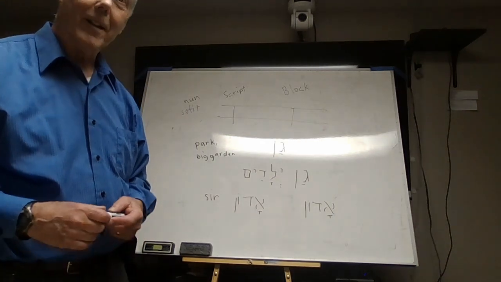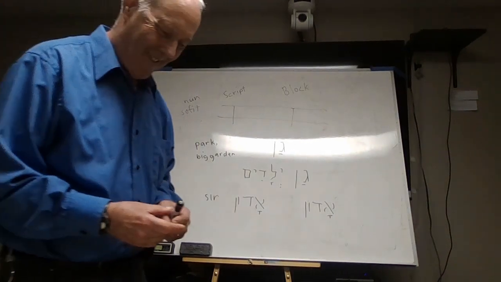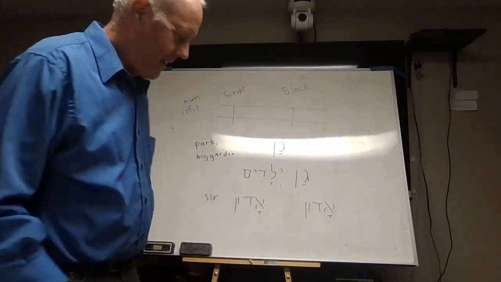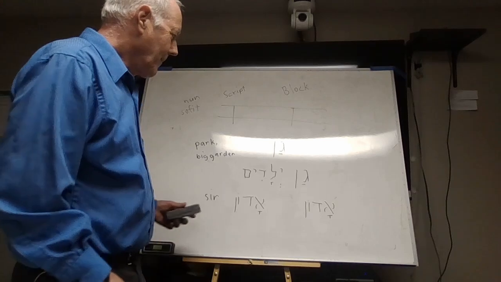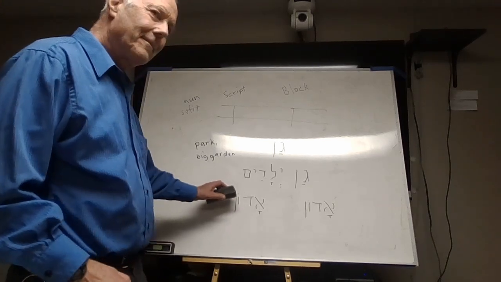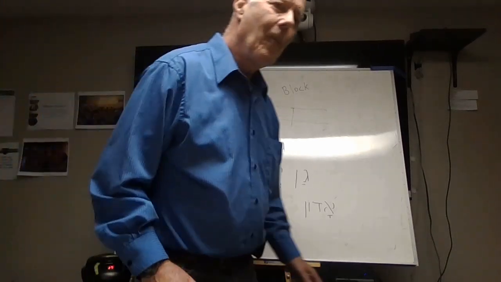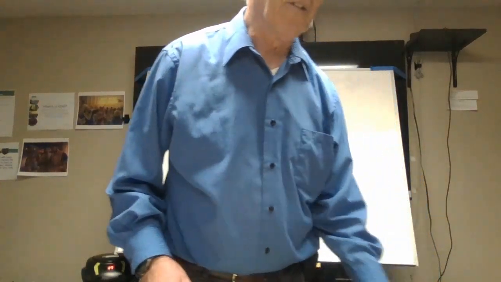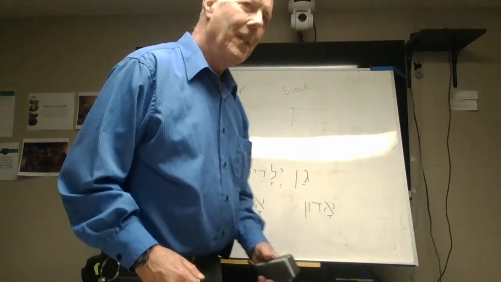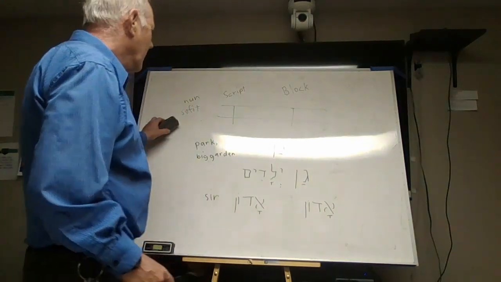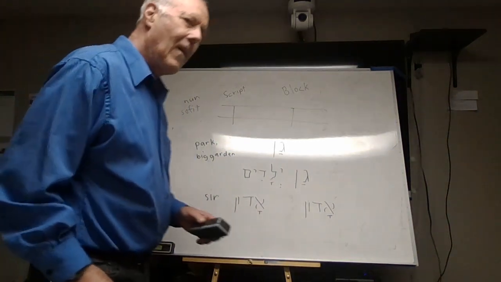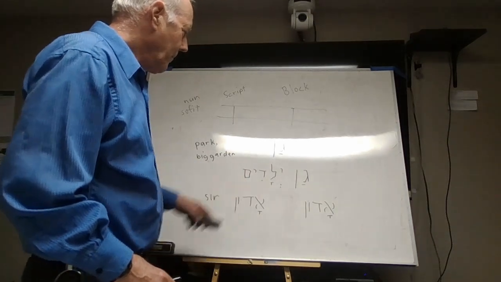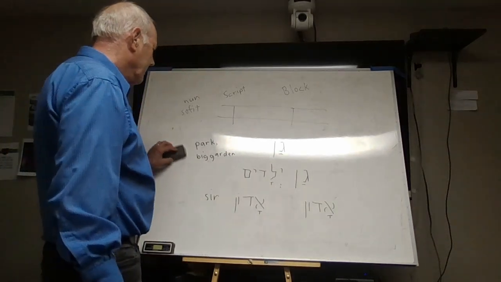People call me Rick. Okay, Adon. Got it? And this one is the final nun, the one at the end of the word. Isn't that the final mem at the end of Yeladim? Yes, that's the final mem. Good job.